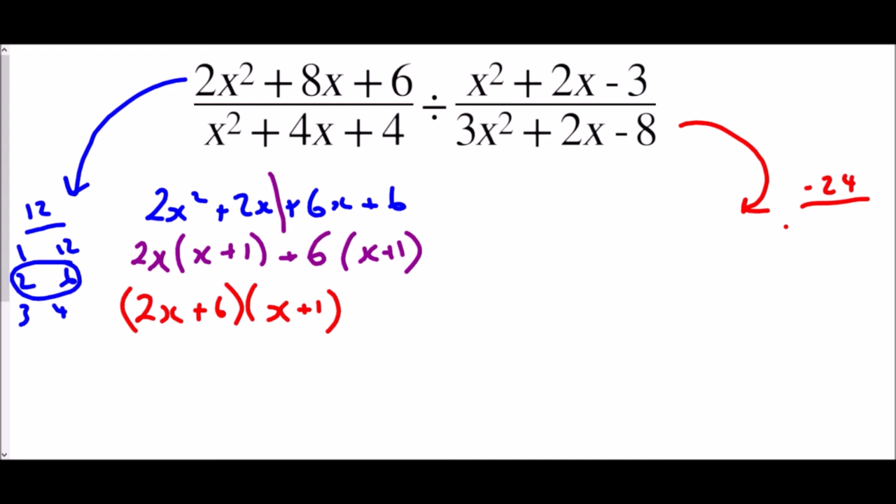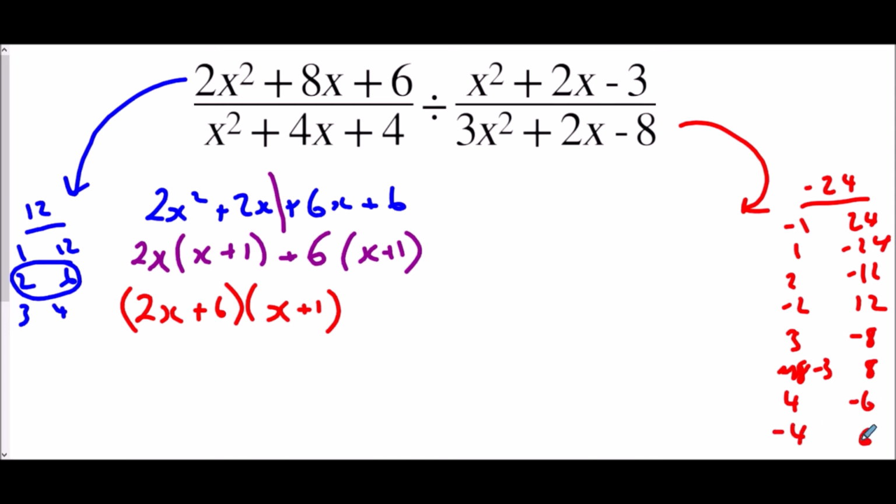So negative 1, 24, 1 and negative 24, 2, negative 12, negative 2 and positive 12, 3, negative 8, negative 3 and 8, 4 and negative 6, negative 4 and positive 6. Which one is the pair that makes positive 2? Well, it was actually the very last one, negative 4 and 6.